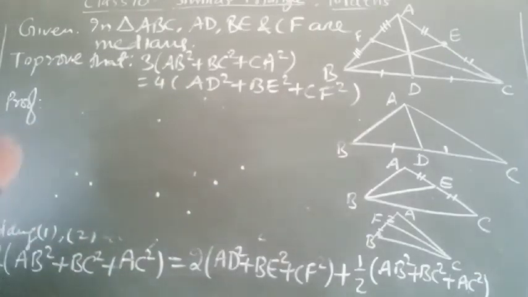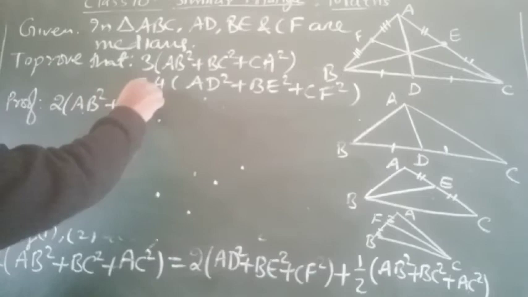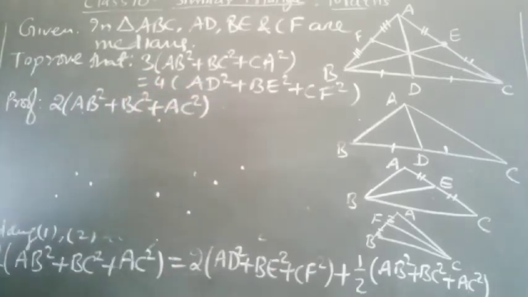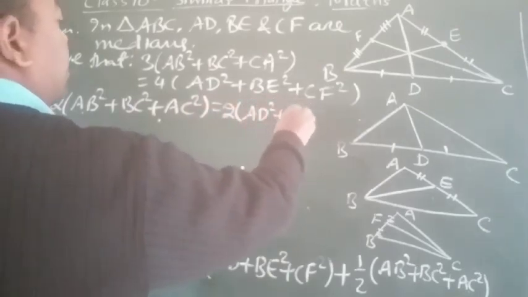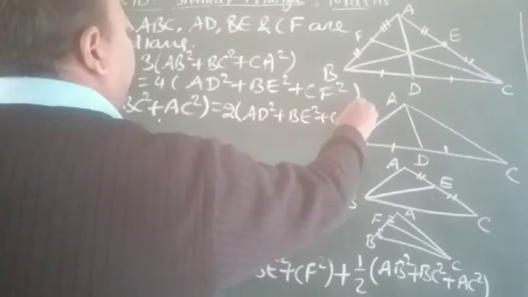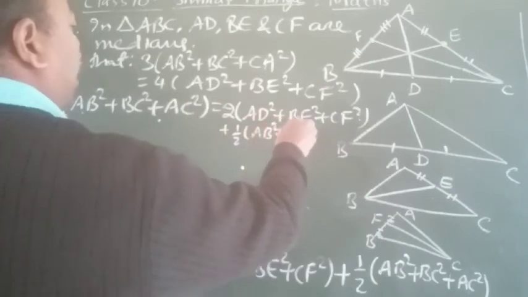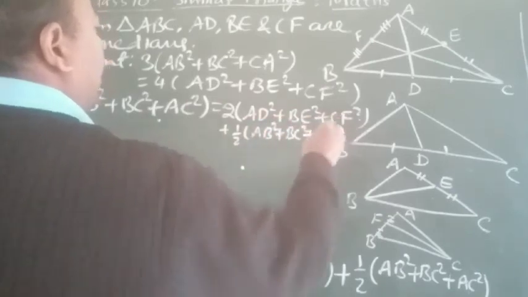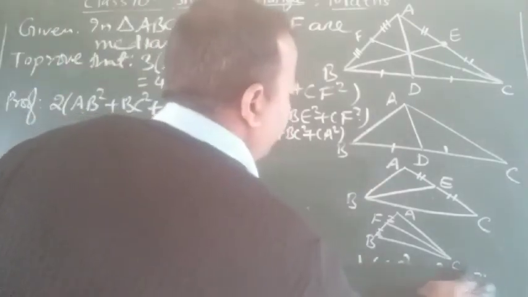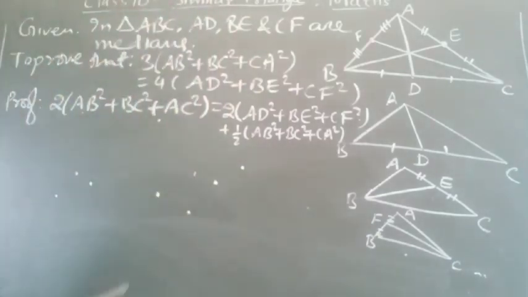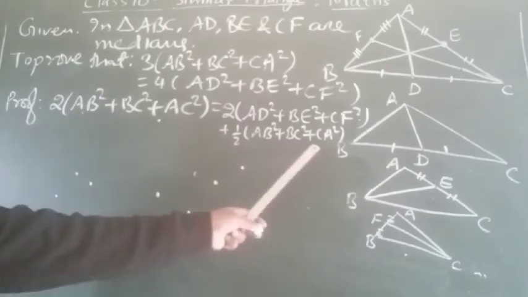Here it is 2 times AB square plus BC square plus AC square equals 2 times AD square plus BE square plus CF square, plus half of AB square plus BC square plus AC square. Now I am going to rub the bottom line. Now look, it is twice of AB square plus BC square plus AC square, and it is half of AB square BC square CA square.